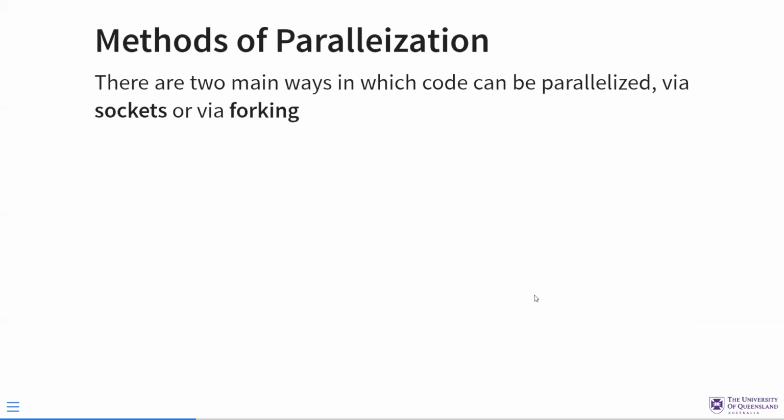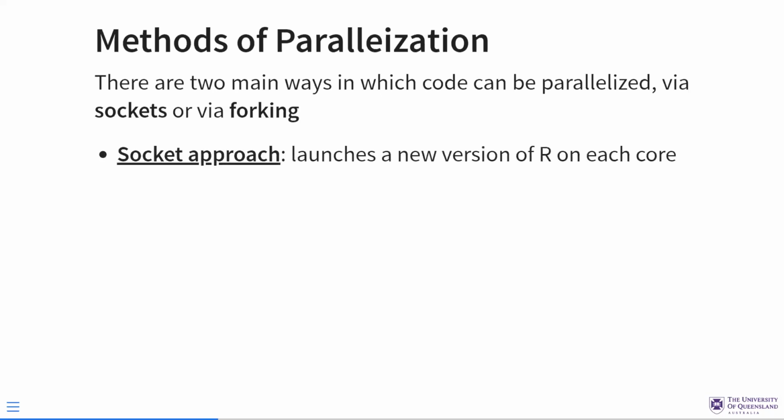So basically, R has two methods of parallelization, and this is when the operating system becomes very important. Basically, you can parallelize using sockets or via forking. It's very different. With sockets, there are a lot of technical things here, but just to highlight the practical thing, a socket just launches a new version of R in its core.